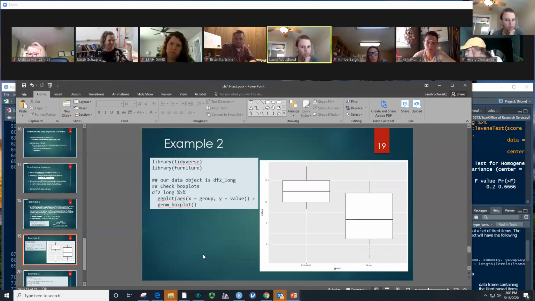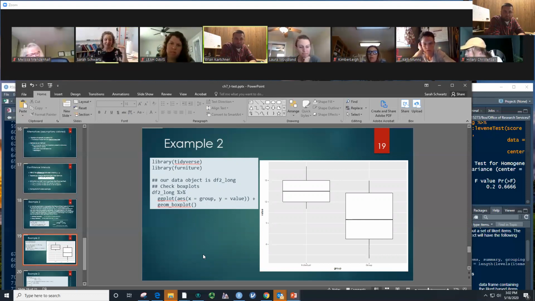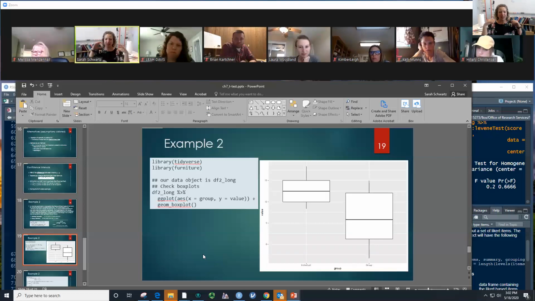No. What's the center of a box plot? The median. If we look at these two box plots, how do they compare, the individual motivating and the group motivating? How do they compare in terms of their center? The individual has a higher center.